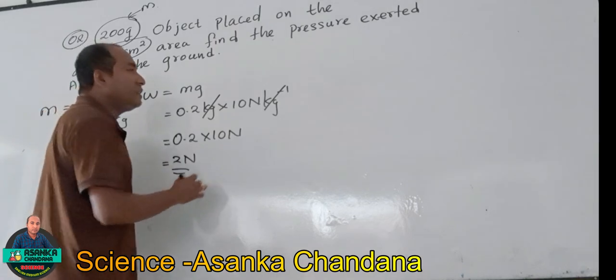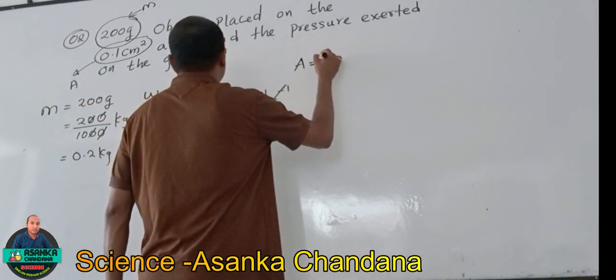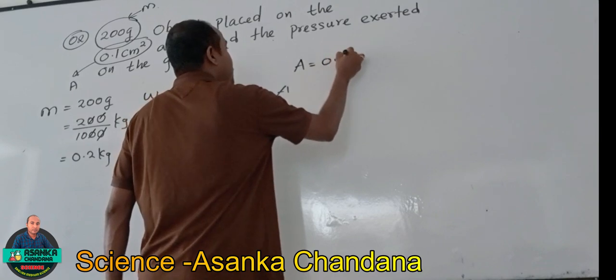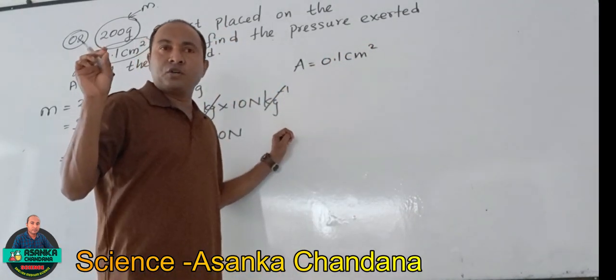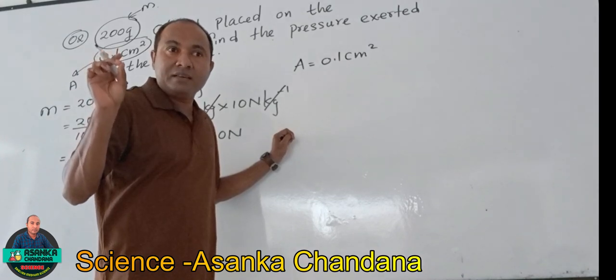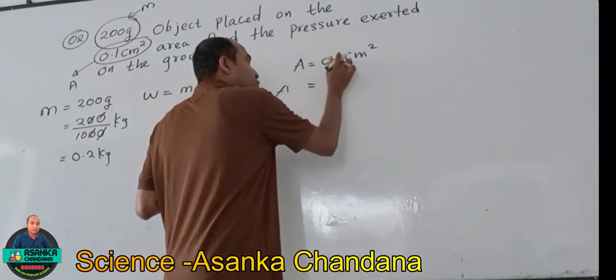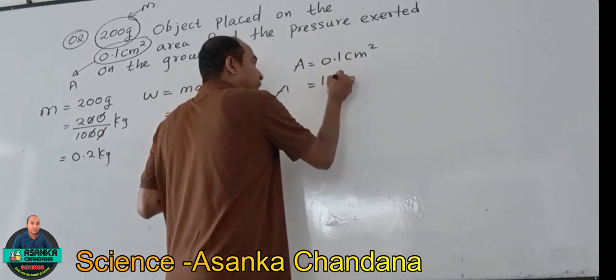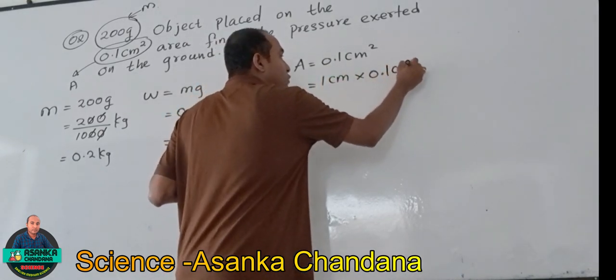Now we have to find the area. How to find the area? Area is equal to what? 0.1 square centimeter. It should also be converted into square meter. For this we can write 0.1 square centimeter is made by 1 centimeter times 0.1 centimeter.